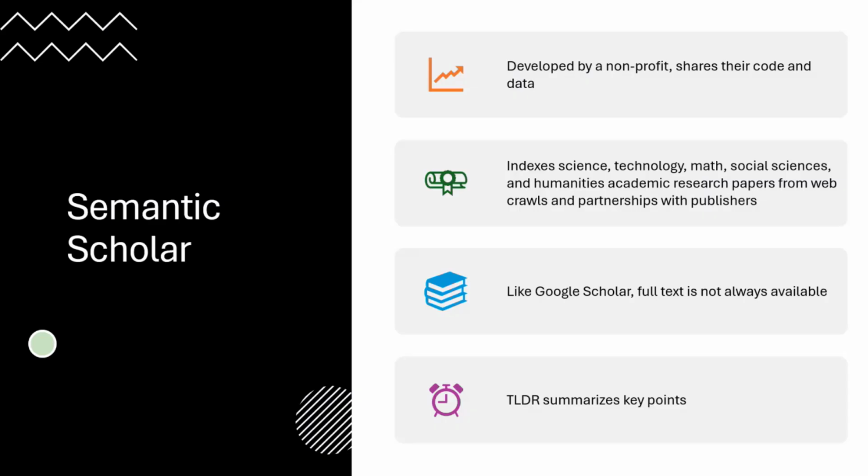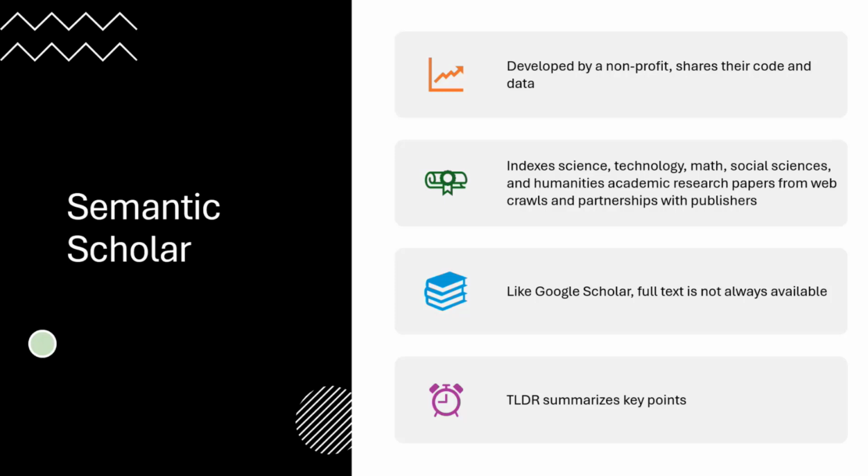What it does is index content from the web and certain publishers. It's like Google Scholar in that it crawls the web and publisher websites looking for metadata and information like authors, titles, and abstracts. But it also has partnerships with a lot of different academic publishers to get more data, and some full text in some cases.